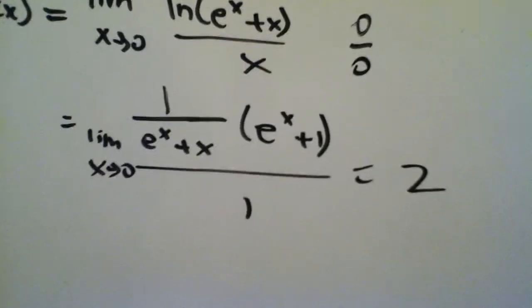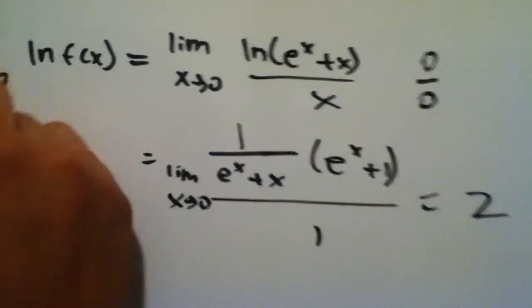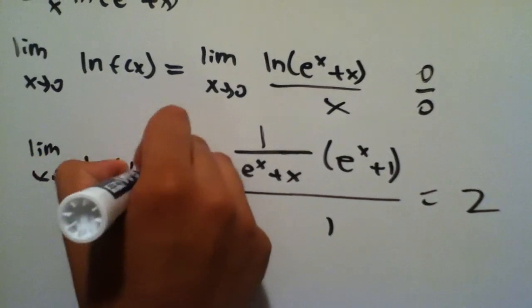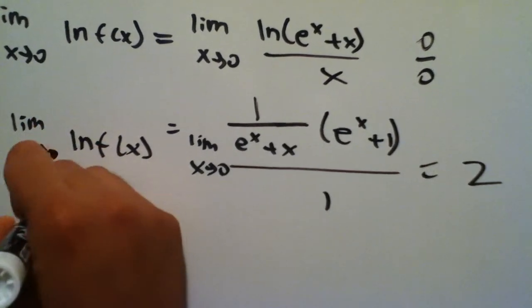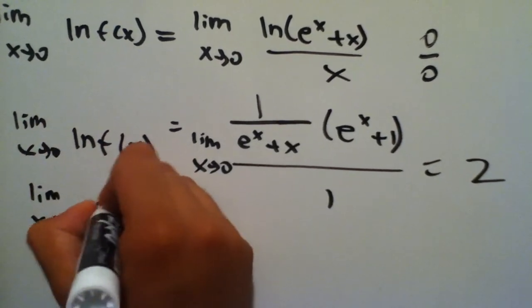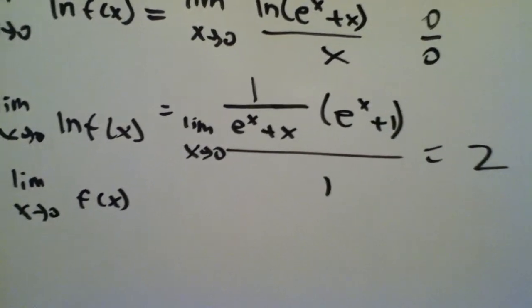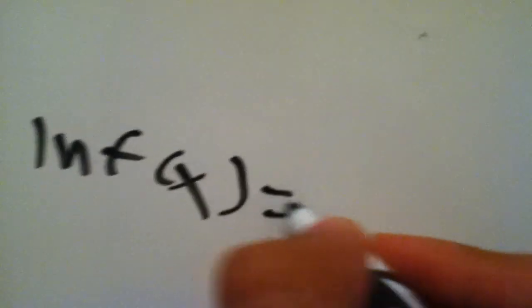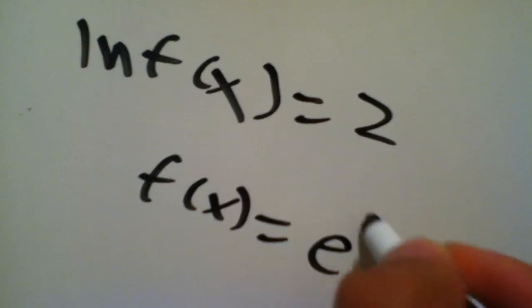But it doesn't end there, because let's not forget, this is the limit as x approaches 0 of the natural log of f of x. What we need is the limit as x approaches 0 of f of x. So how do we find that? We just do what we always do. If ln of f of x equals 2, that means f of x must equal e to the power of 2.